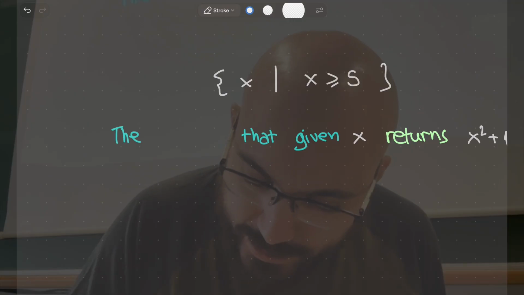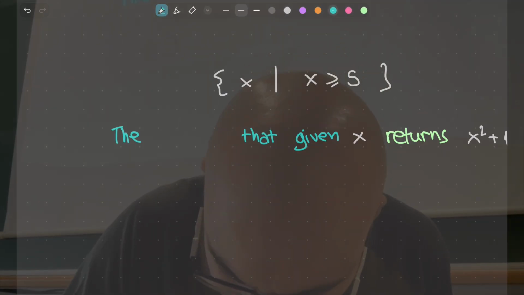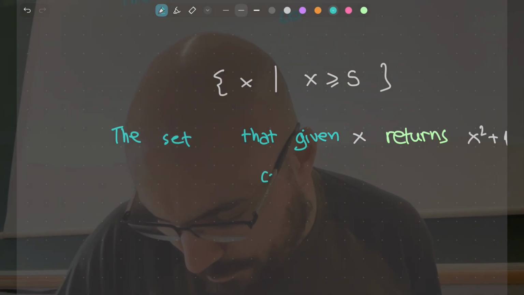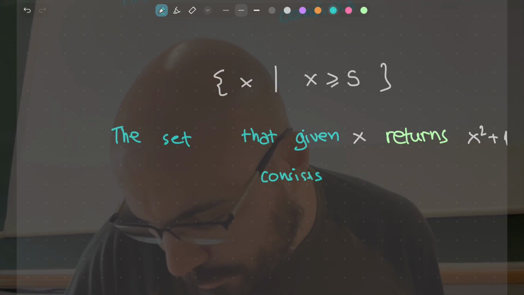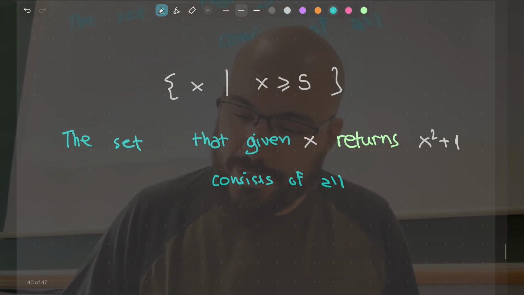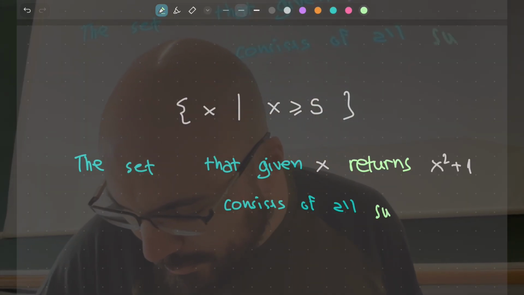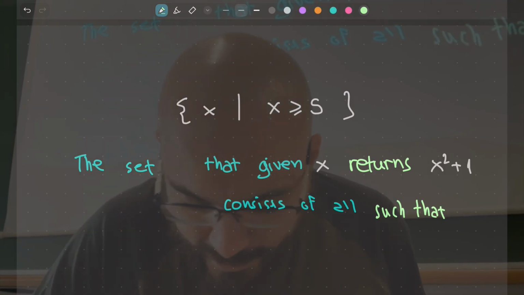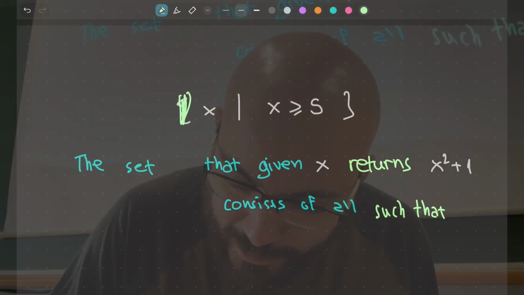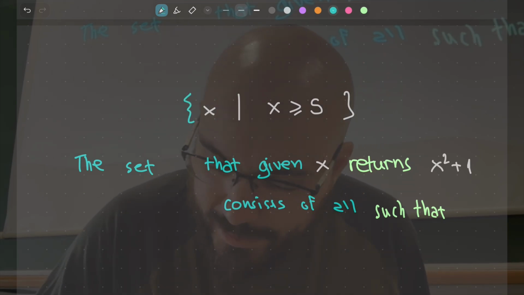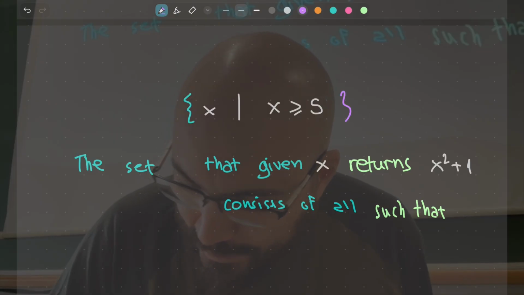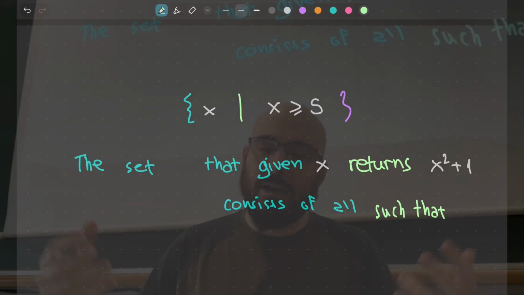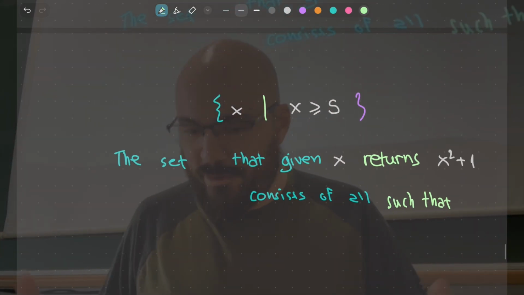So this is like the set that consists of all x's such that, okay, so it's pretty much the same thing. It's not the same thing because it's a set and not a function, but the idea of the notation is pretty much the same. And this whole blue thing is again how you pronounce just this symbol. This thing again is silent, you don't pronounce it. And this returns thing here is just this guy here. So you are used to creating on the fly nameless sets, but not functions.